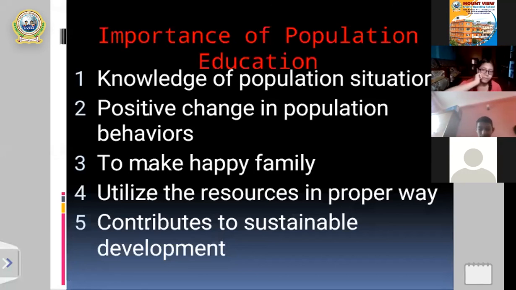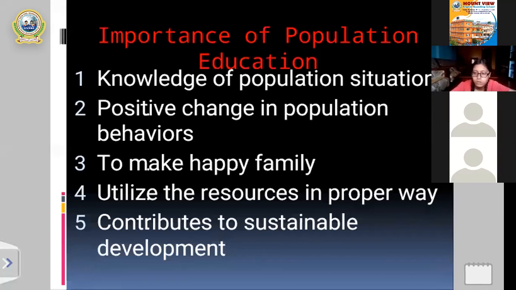If we misuse the resources, then it adversely affects the condition of the environment. That means it creates pollution, and because of pollution it adversely affects the health of people. Then it becomes very difficult to manage the population as well.